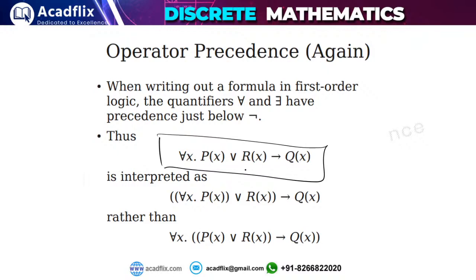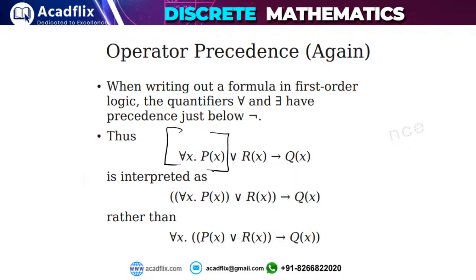Then how will you interpret it? Remember, this for all x has higher precedence than this disjunction, so you will not do the disjunction first. First you will do this for all. Then you know that this disjunction has more precedence than this implication, so next you will do this. Then at the end you will do the implication. This is the meaning of precedence.